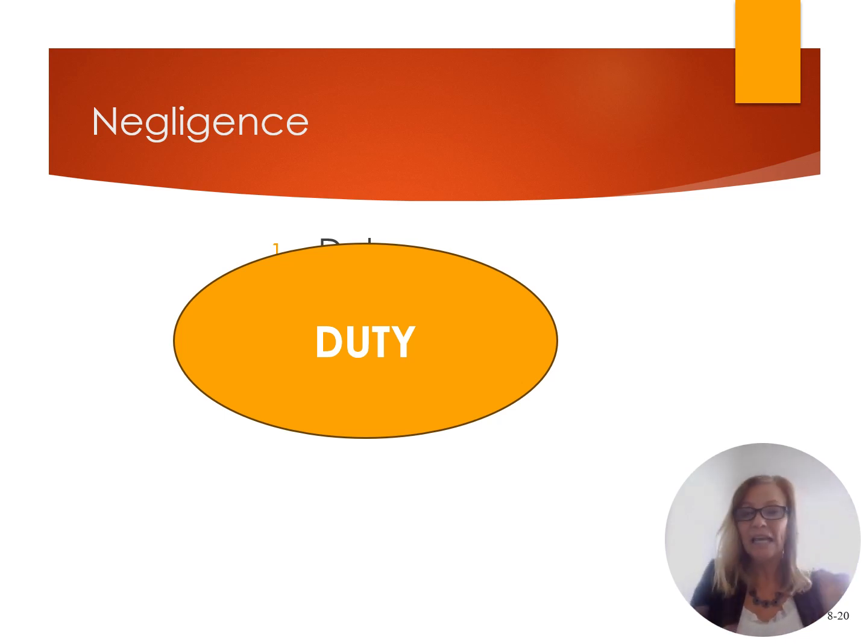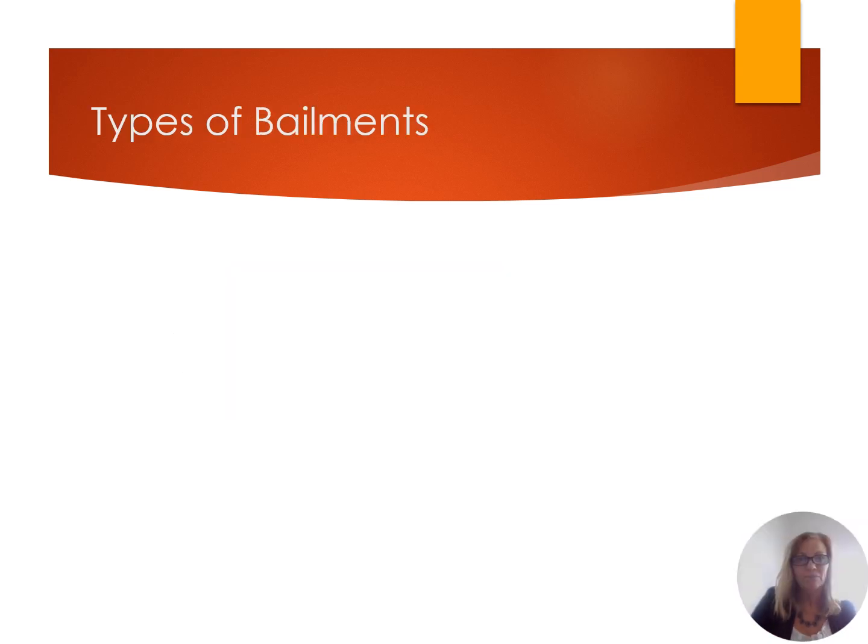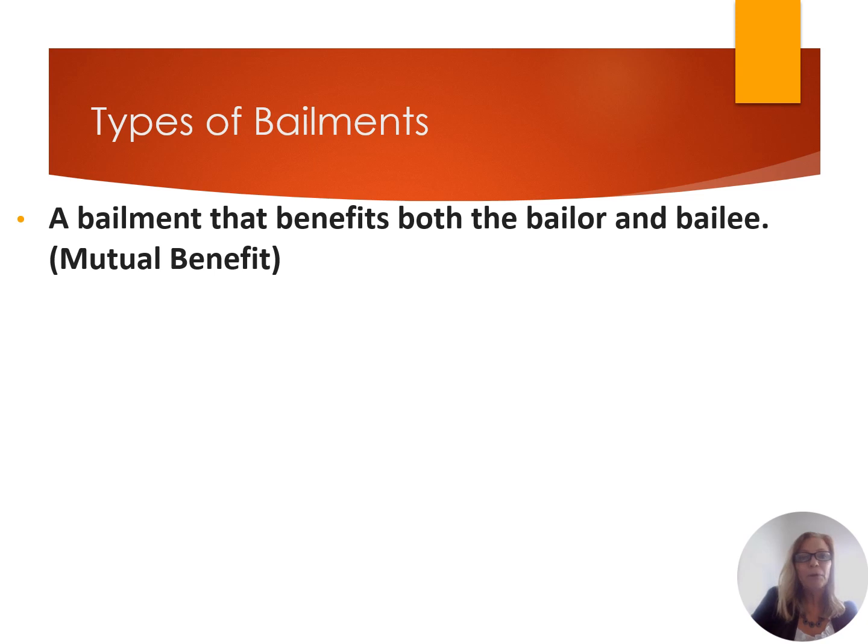And this can be any way you can do it, oral, written, implied, but there's different kinds of bailments. First, if both of you benefit, which is called a mutual benefit. So if I pay to park my car in a parking lot and the parking lot has exclusive control over my vehicle, that would be a mutual benefit bailment.